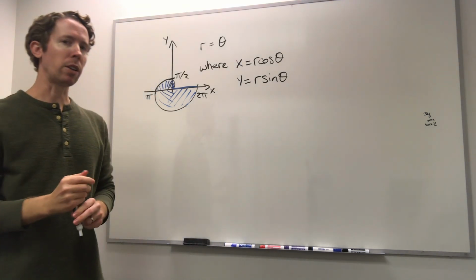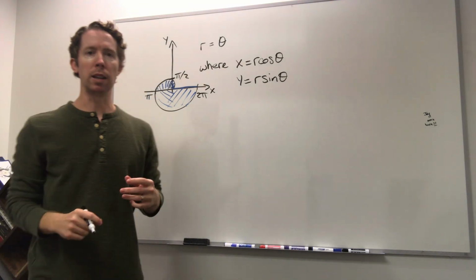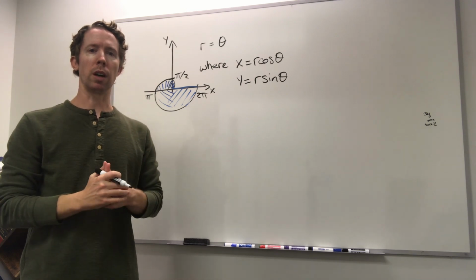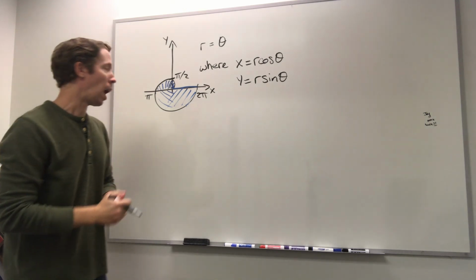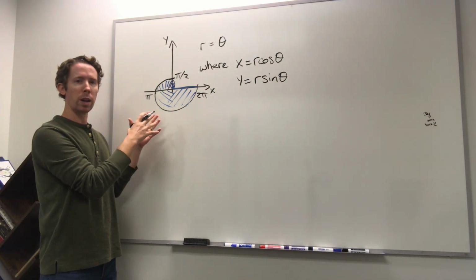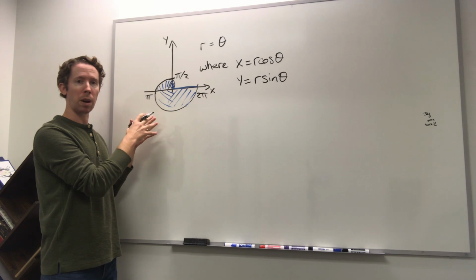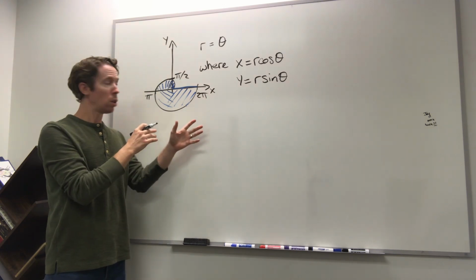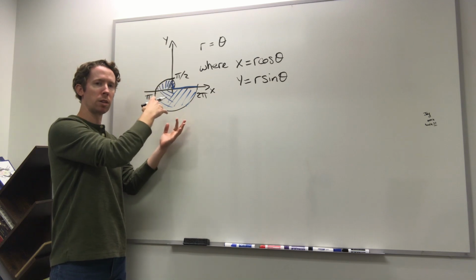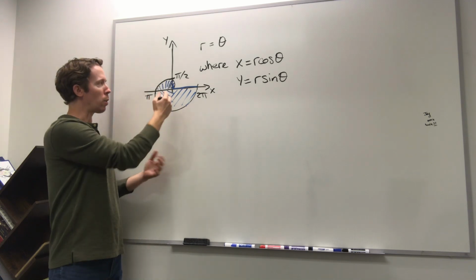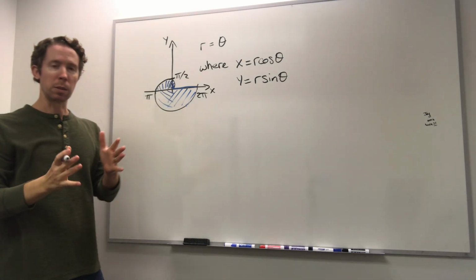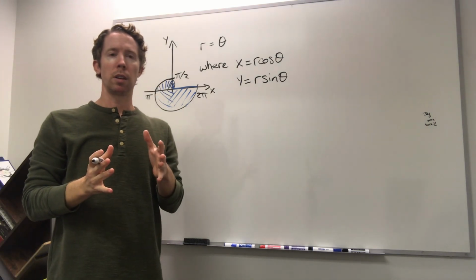To figure out how to calculate that, I'm going to go back to ideas that you've probably used before with integrals in applications. I want to approximate the area in some nice way that allows me to extend that approximation to an integral when I let the number of pieces that I'm using go to infinity. So I want to do something where I'm breaking this up into some nice simple geometric objects.